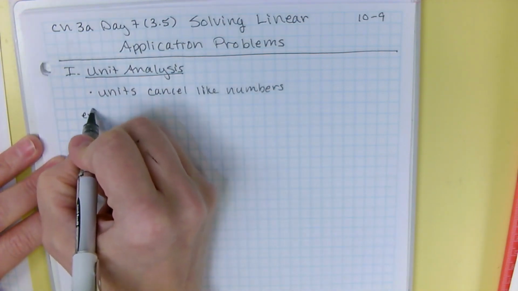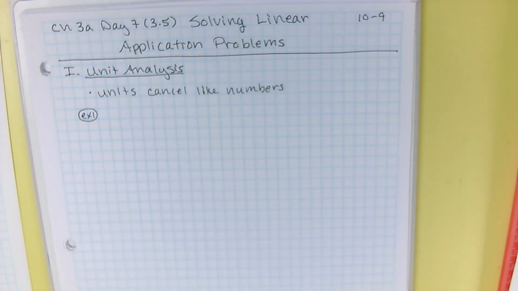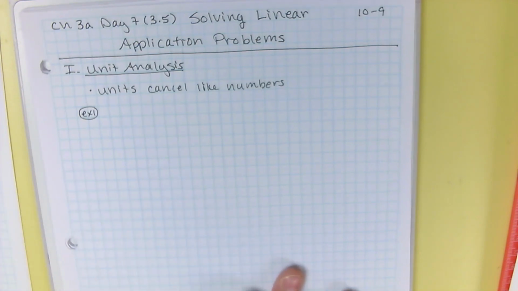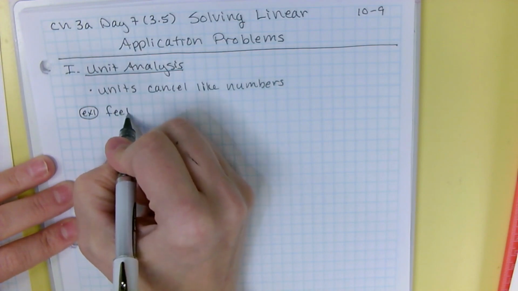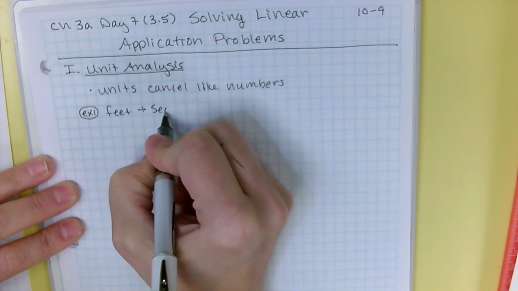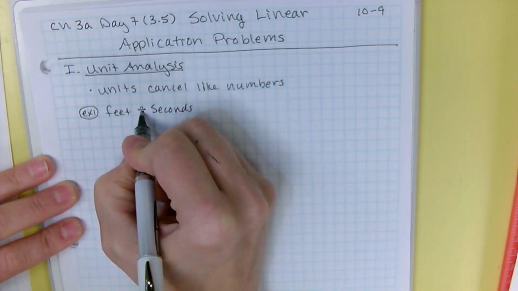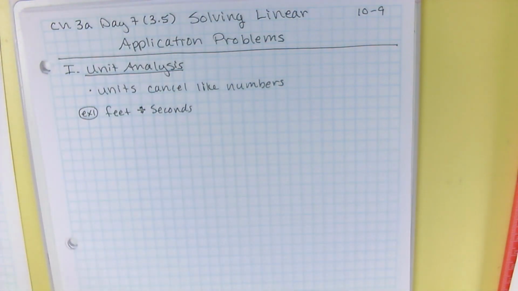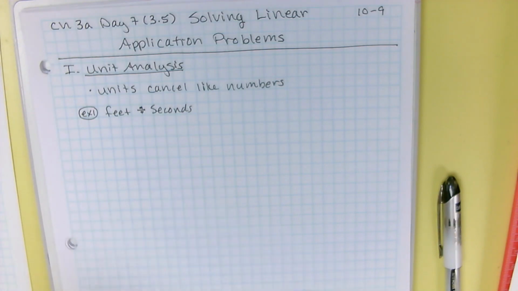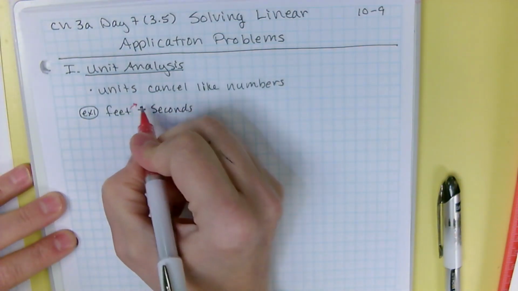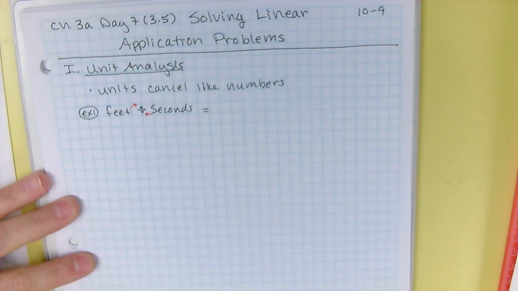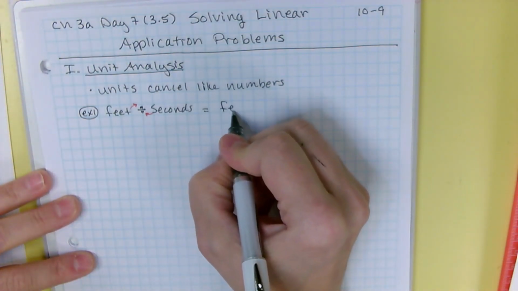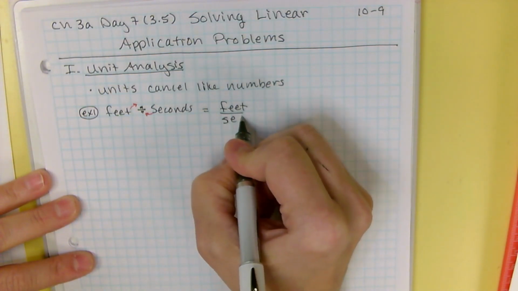All right, so we're going to do some examples. First one we need to do is establish what the actual physical problem looks like. We've got feet divided by seconds. This is one where we're not going to be canceling anything, but you do need to know how to interpret that. Remember that your division symbol is a little fraction and that the first one goes on top, the second one goes on the bottom. So you're going to have feet over seconds.